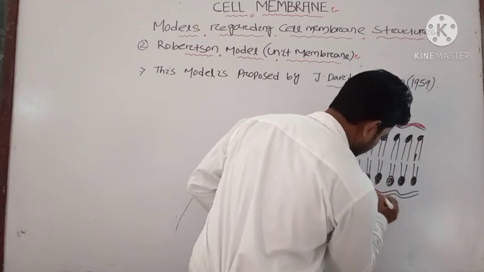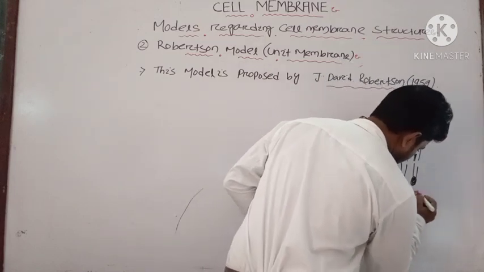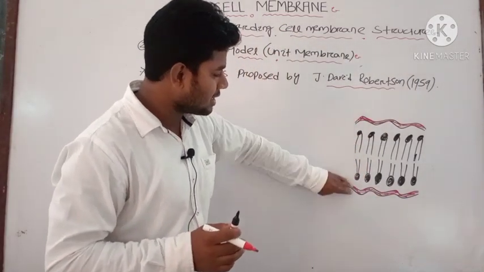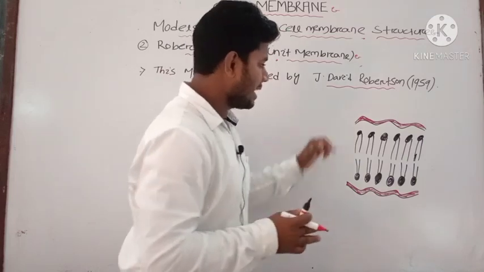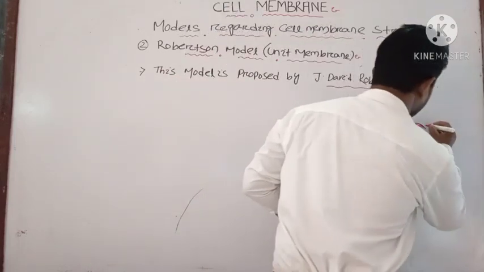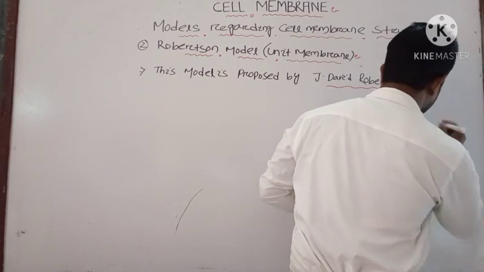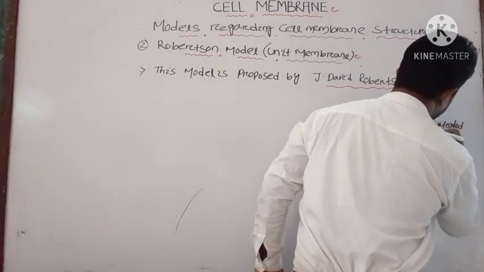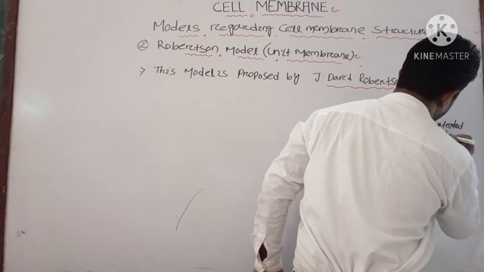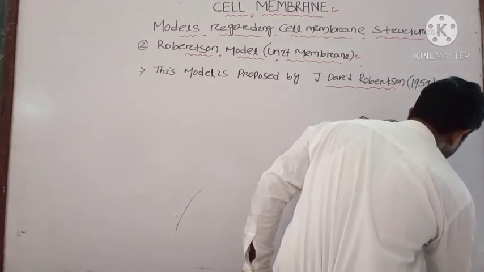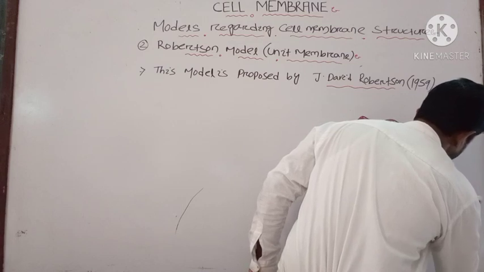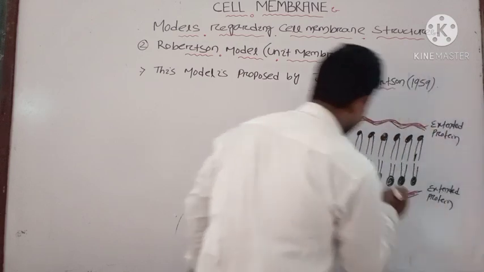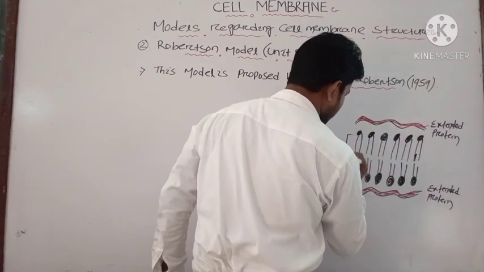This is the phospholipid bilayer and these are the extended proteins present on both sides. This is known as your extended protein. This is also extended protein.